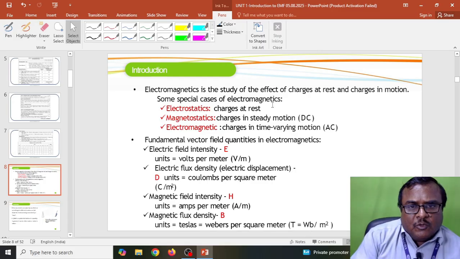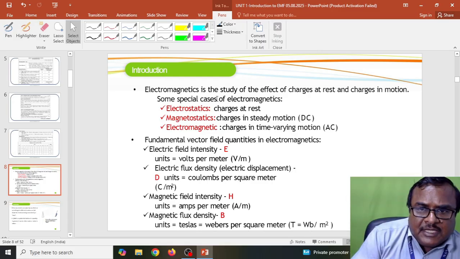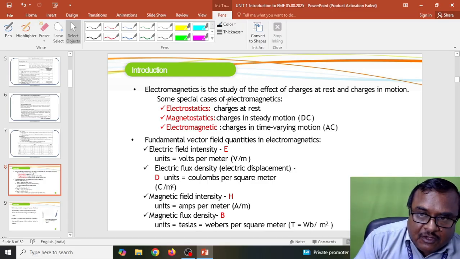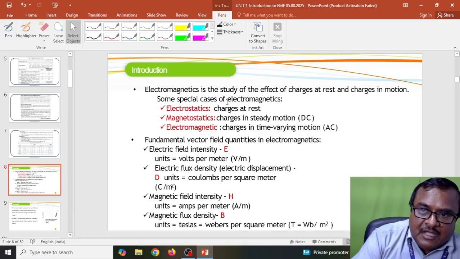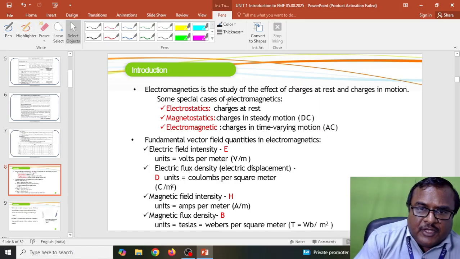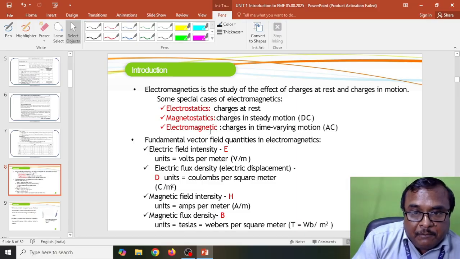So electromagnetics is the study of the effects of charges at rest, that is stationary, and charges in motion. So we have electrostatics, then magnetostatics, then electromagnetics.